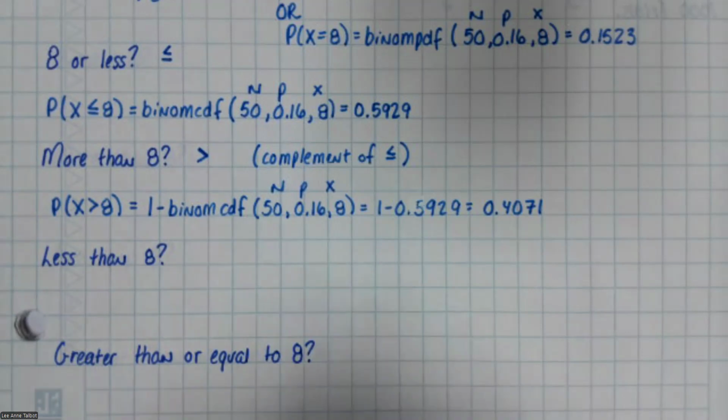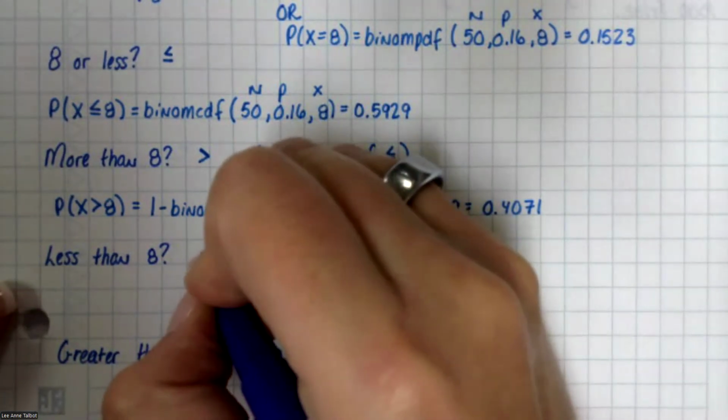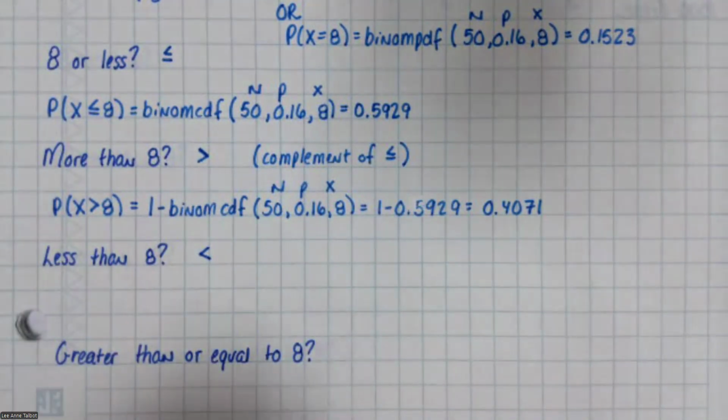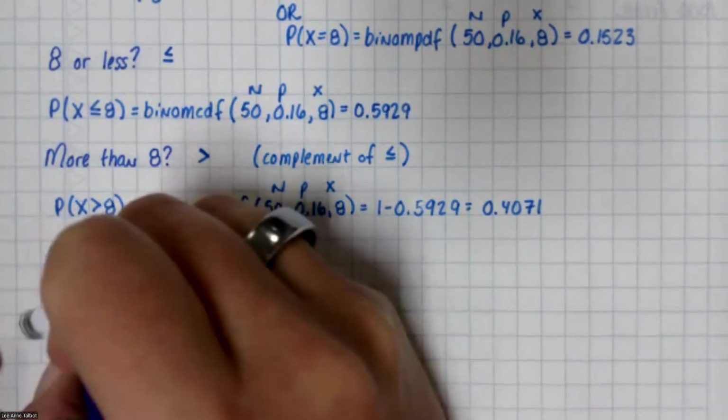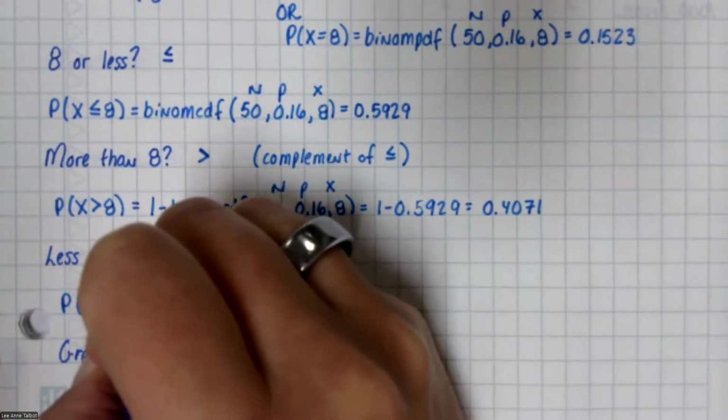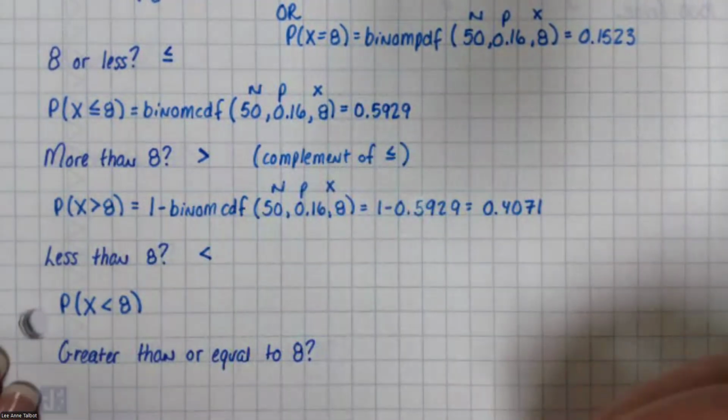Less than. Oh, that's a really hard one to translate. I should have put fewer than. Lost opportunity. This is the crocodile for less than 8. And this is the notation for less than 8.